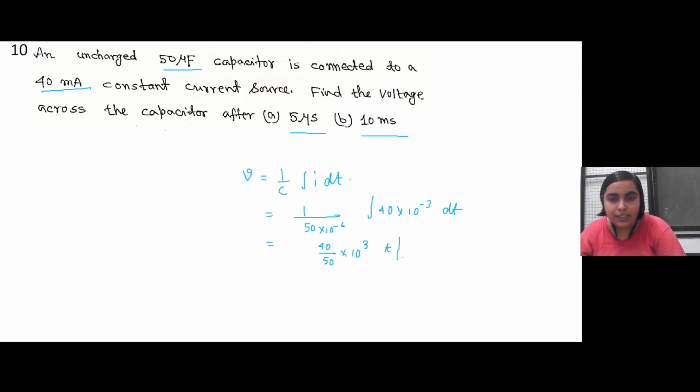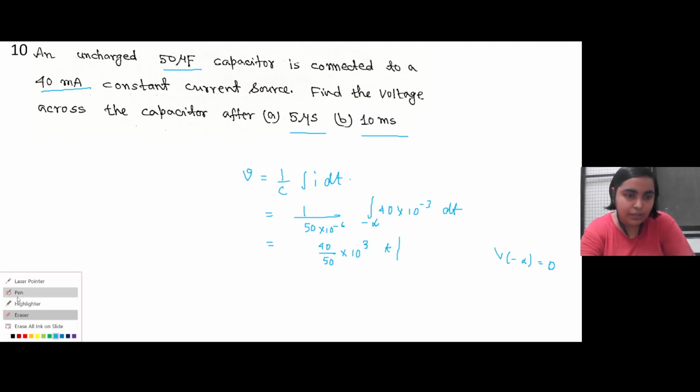Initially it is given that it is uncharged. So at time t equal to minus infinity, the voltage across the capacitor is equal to 0, right? So this goes from minus infinity to plus infinity. Now you are given a particular time, so you have to find from minus infinity to a particular time t.